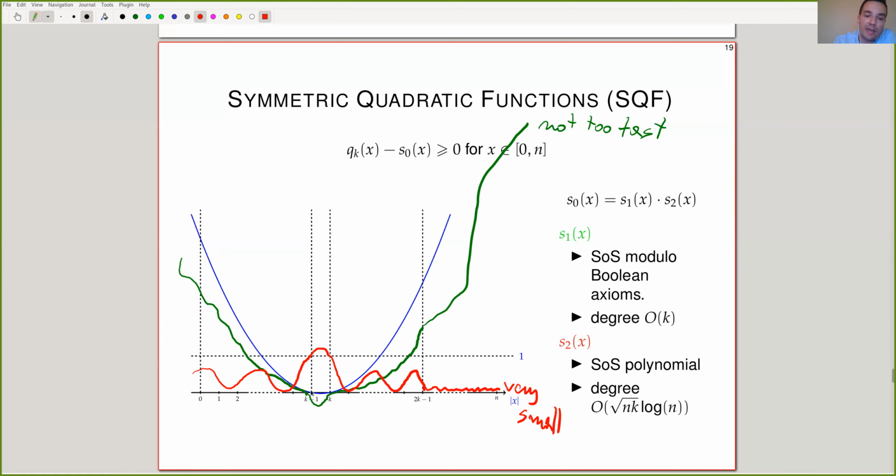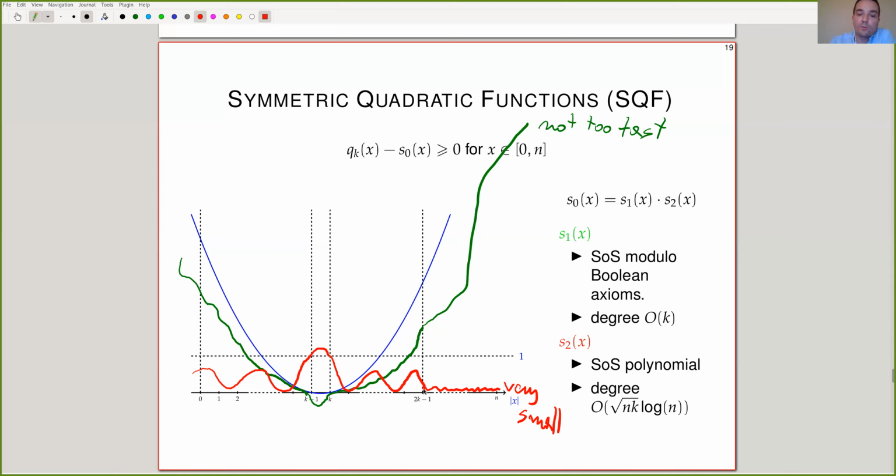In the interval from k minus 1 to k, the green one again is below qk, but now the red one is greater or equal than 1. So when I multiply them, I will again stay under the blue one. In the interval from k to 2k minus 1, it's exactly the same case as from 0 to k.